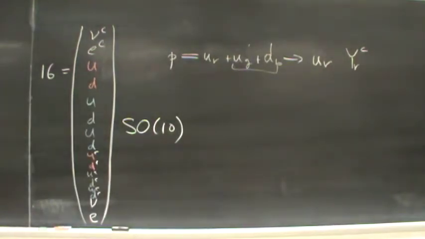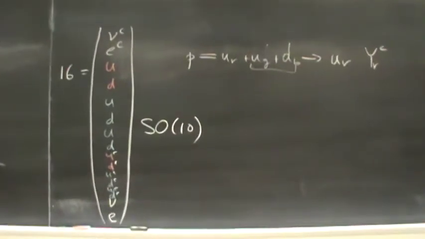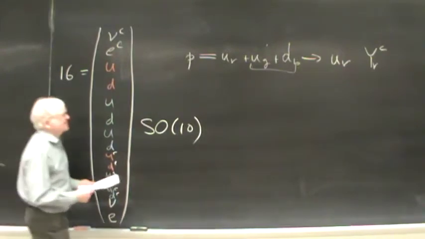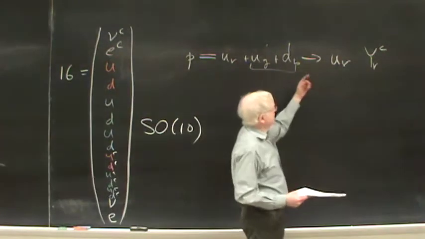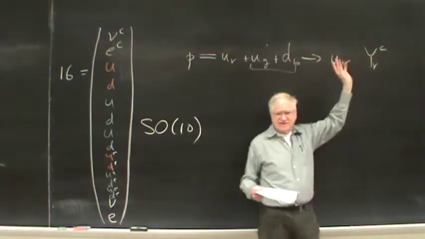That is to say, there are red, green, and blue Y gauge bosons, also red, green, and blue X gauge bosons, and the conjugate ones have the anti-color. So it's basically GB goes to anti-red is essentially what's happening.